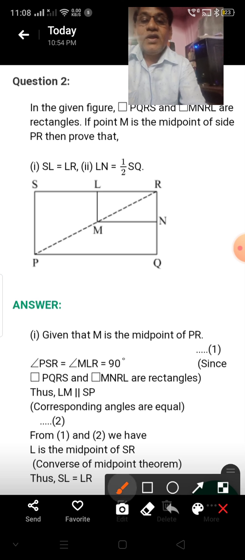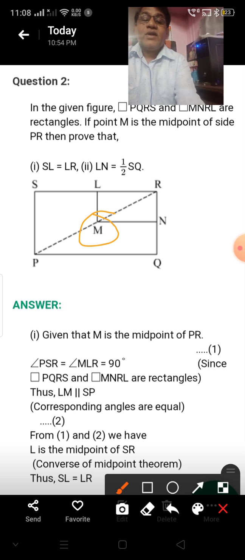So M is the midpoint of PR. Now see, in triangle SPR, M is the midpoint of PR, right? But angle PSR is equal to angle MLR is equal to 90, because PQRS and MNRL are rectangles. The angle of a rectangle is always 90. So the corresponding angles are equal, right?